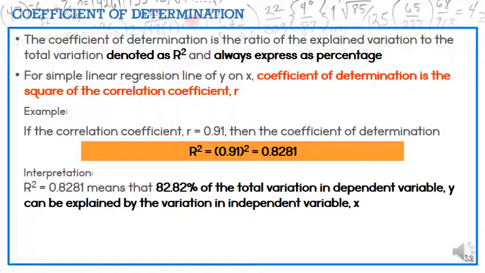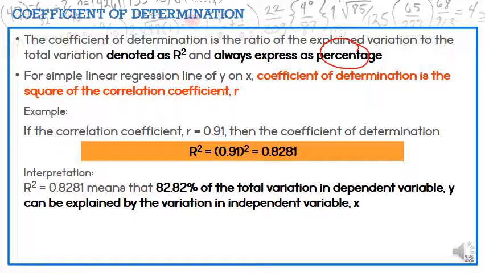Next is the coefficient of determination. The coefficient of determination is the ratio of the explained variation to the total variation, denoted by r squared and always expressed as a percentage.